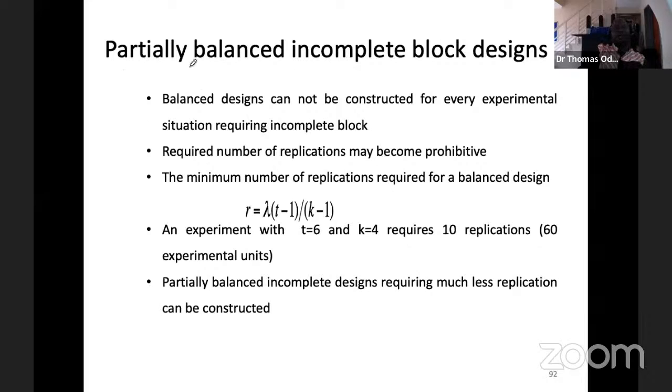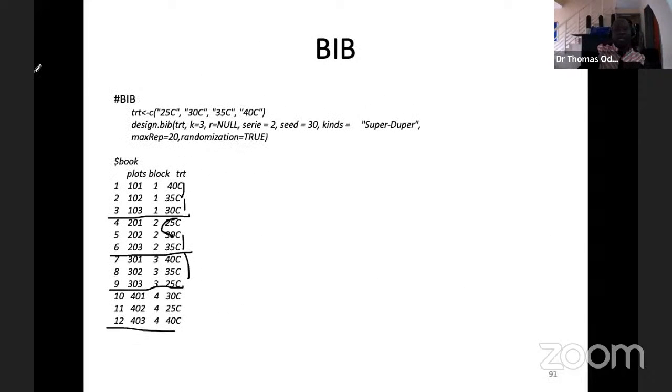So partially balanced incomplete block design would mean that the number of treatment combinations that we talked about, like here we're saying this and this occur twice, every pair here occurs twice. With a partially balanced incomplete block design, you can say, for example, have 40 and 30 occurring together, let's say once, okay?